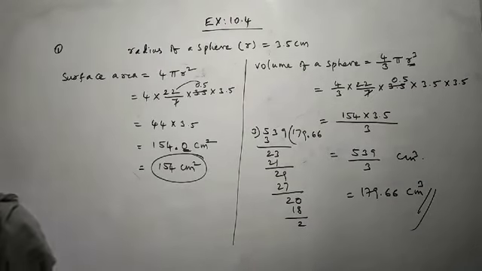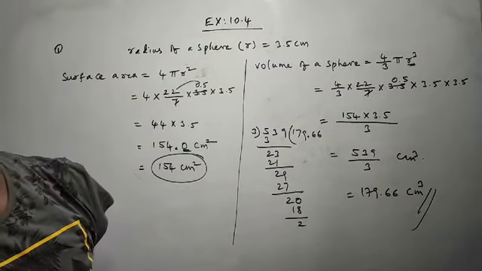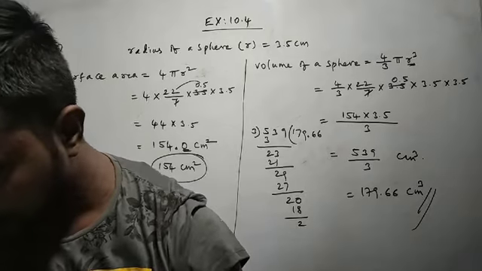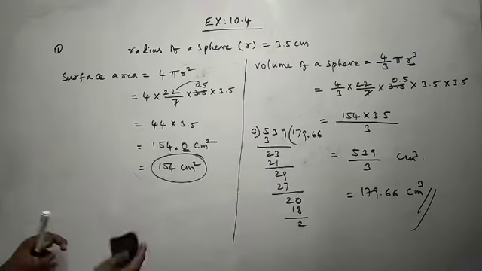Next, the surface area of a sphere is 1018 into 2 by 7 square centimeter. Then what is its value? Okay, we'll see.